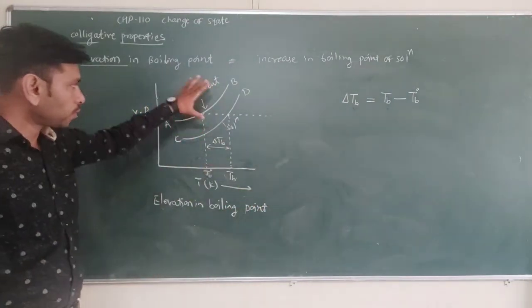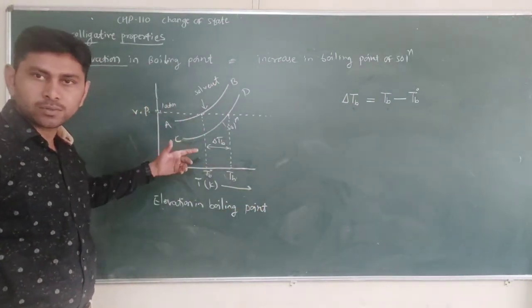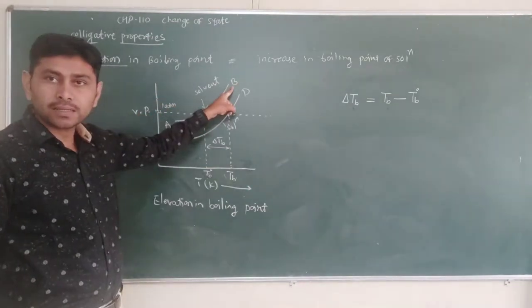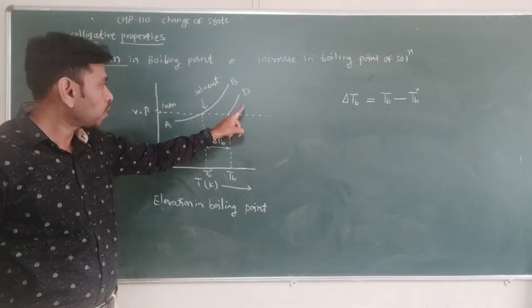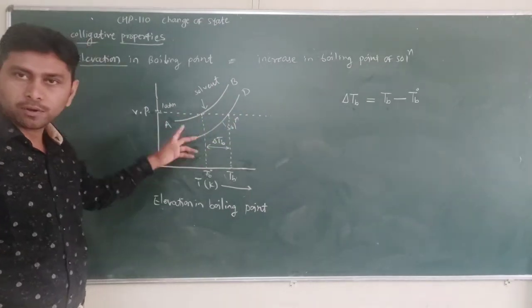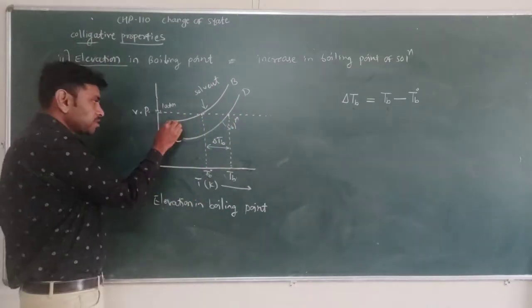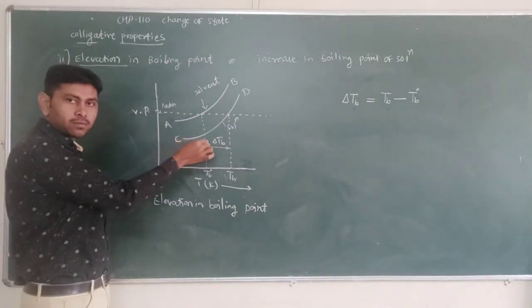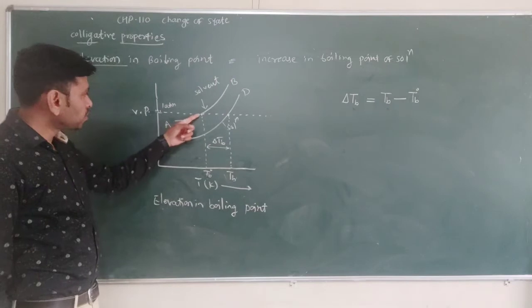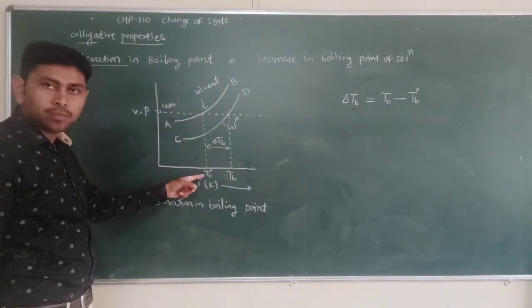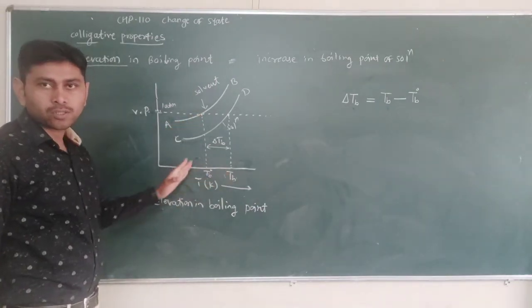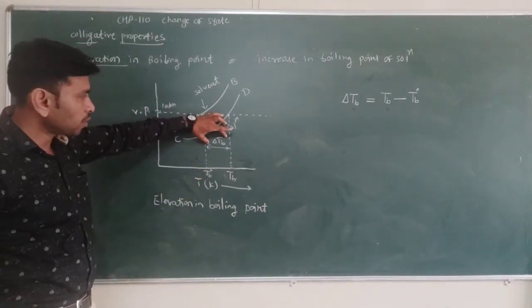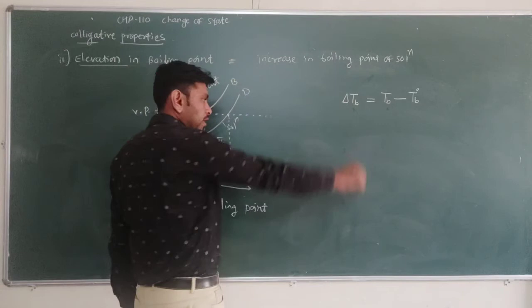It is also clear from this graph that the vapor pressure is greater for the solvent and less for the solution. From where 1 atmospheric pressure is reached, we can obtain the boiling points for solvent and solution, and from this the elevation in boiling point can be obtained.